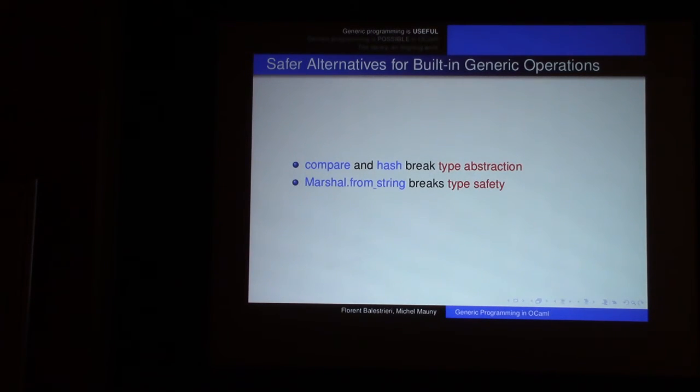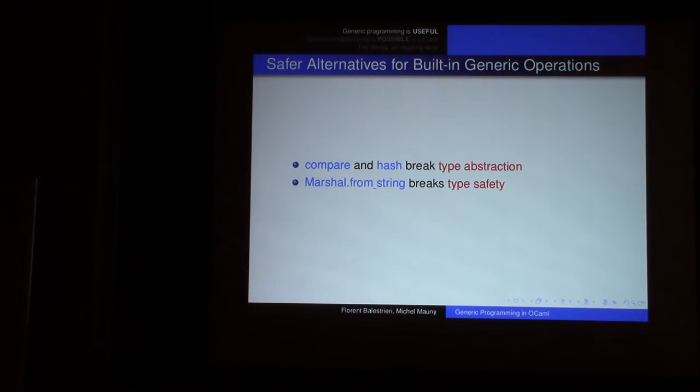So we have, for instance, generic equality. Say you implement a type of sets using lists, then generic equality will be list equality and not set equality. So it breaks type abstraction.